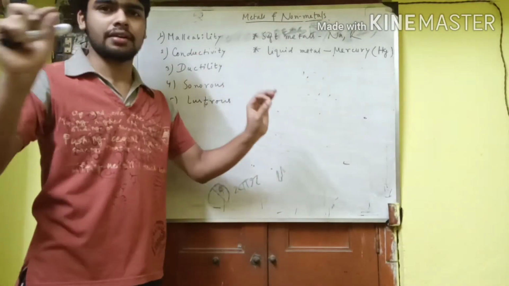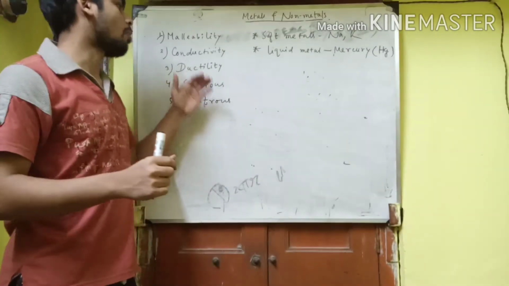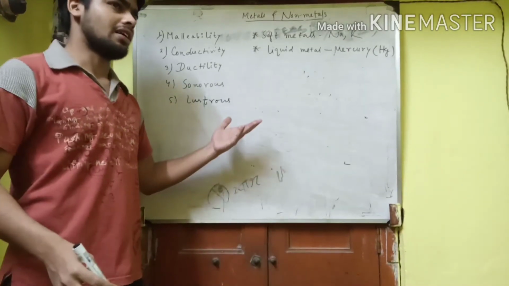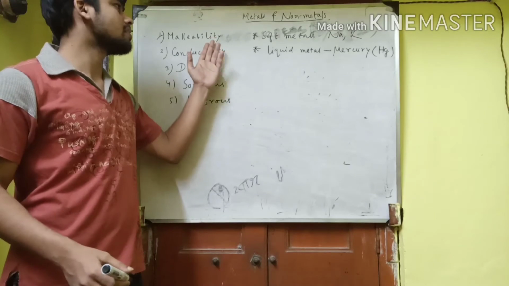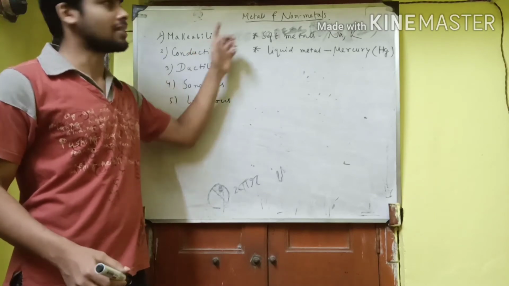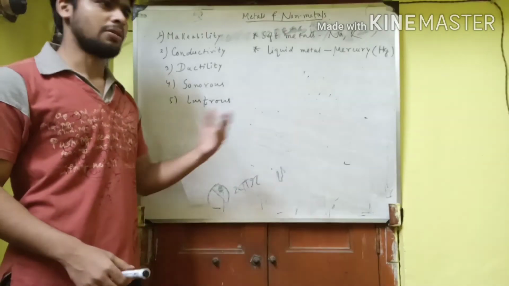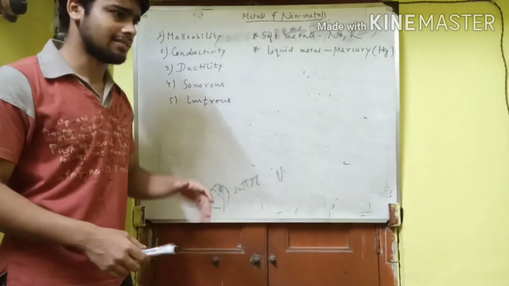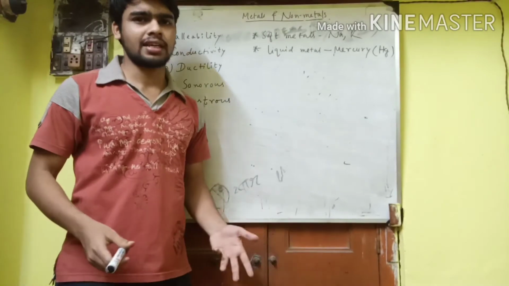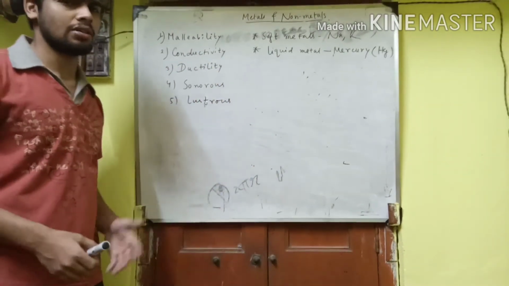Metals are malleable, and similarly metals are also ductile. An element that shows ductility is called a ductile element. Metals are ductile and non-metals are non-ductile.